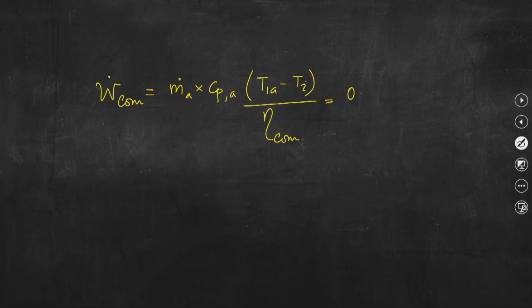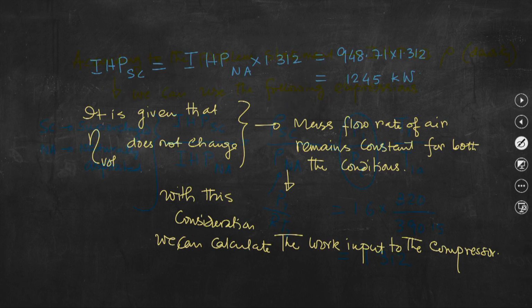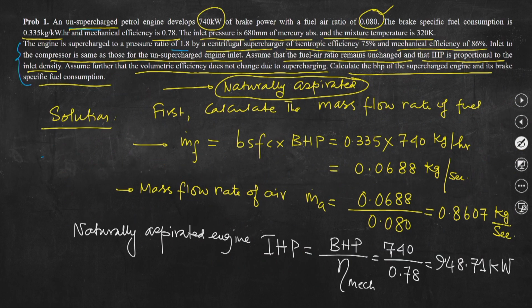Now, if we write here, mass flow rate of air we have already calculated. The mass flow rate of fuel is 0.0688, and the mass flow rate of air is 0.8607.